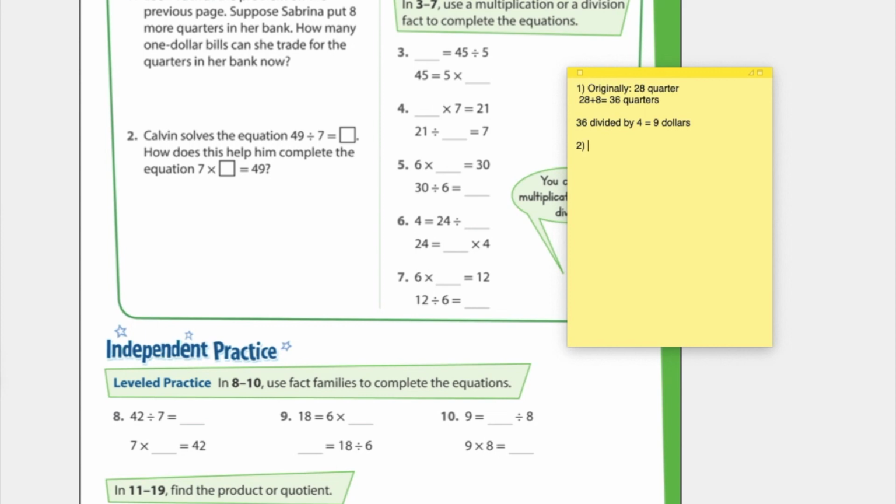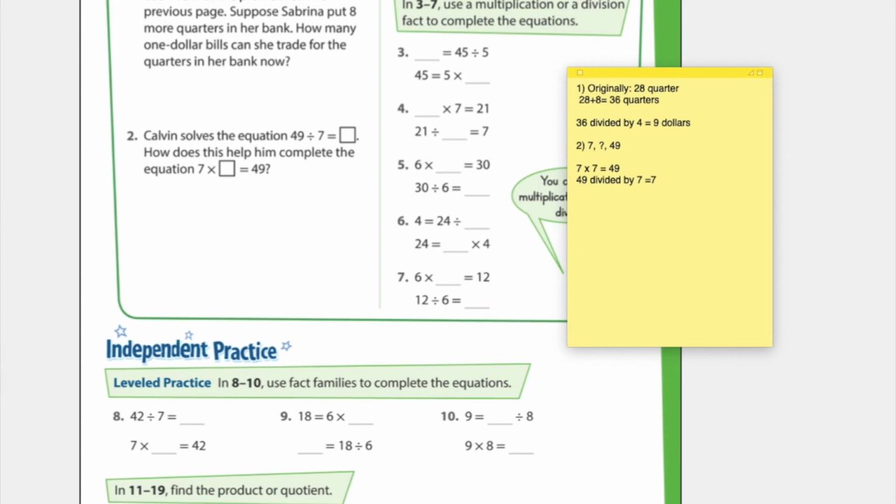So we know that our numbers in our fact family so far are 7, a missing number, and 49. So we need to figure out first what times 7 will give us 49. So we can solve the multiplication first. So we know that 7 times 7 will give us 49, which means that the answer to the division problem is 49 divided by 7 equals 7.